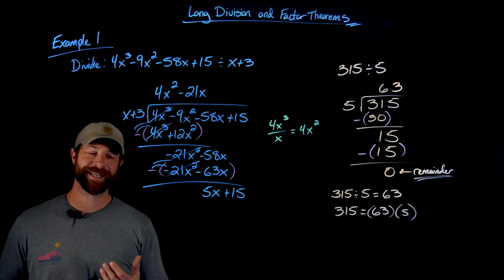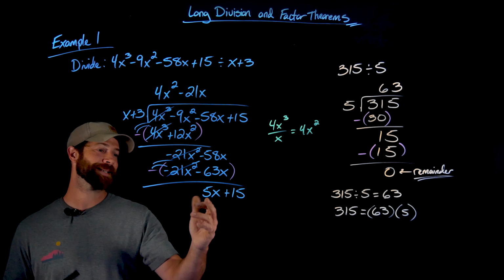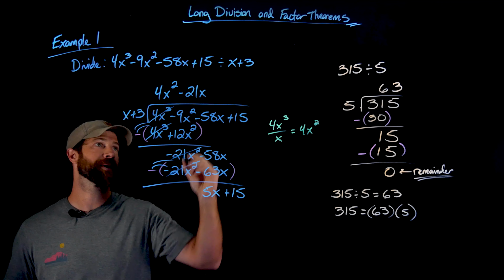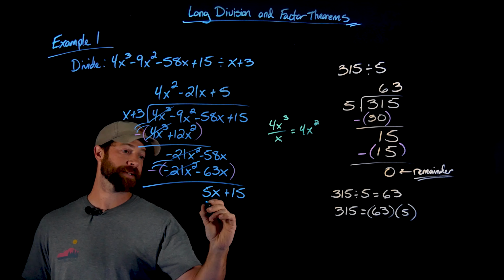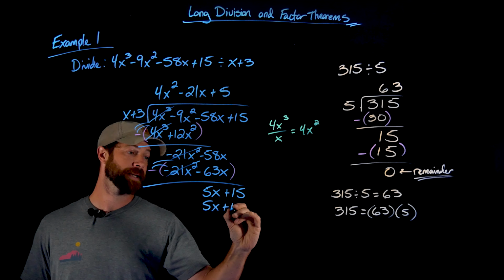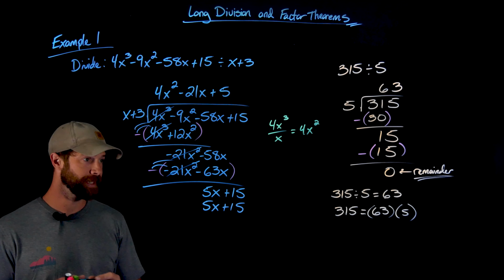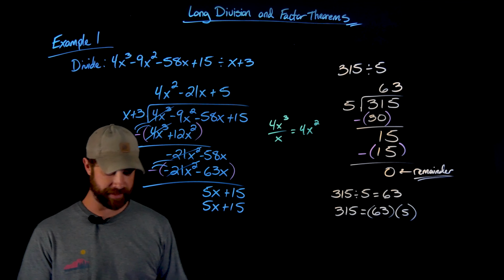So we have the process down. We just have one last step. Again, the question is, what times x is 5x? This one's pretty straightforward. Plus 5, which gives me 5x. And then a plus 15. This will work out perfectly. Importantly, this last line, since this is my last term, is just like this.